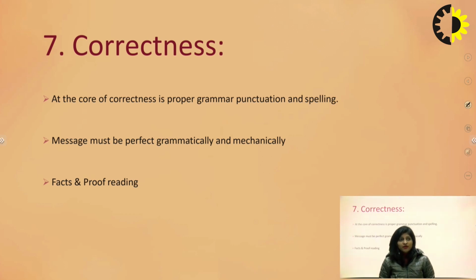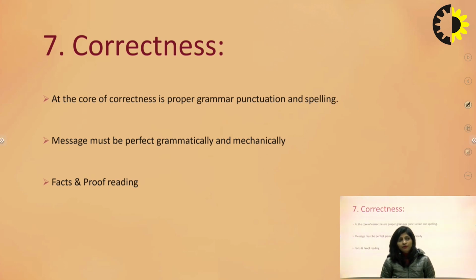So if you want to make your message free of errors, then obviously try to keep a dictionary at your desk. And please use a spell checker if you are conveying a message through a computer, right?